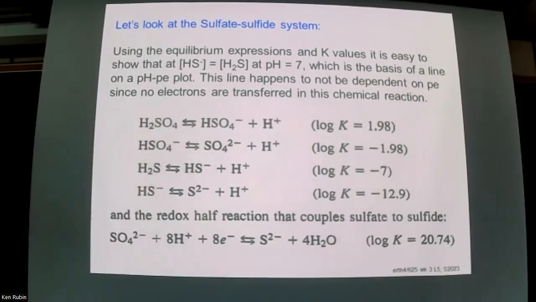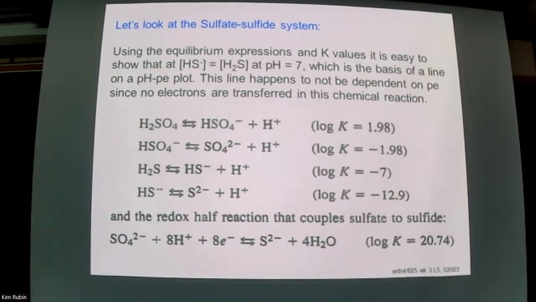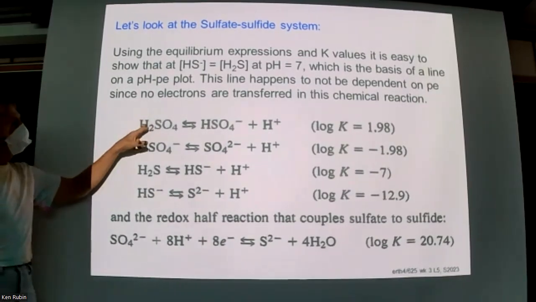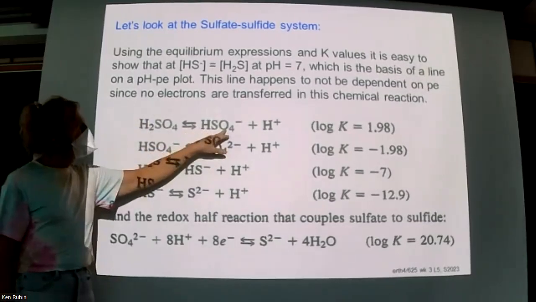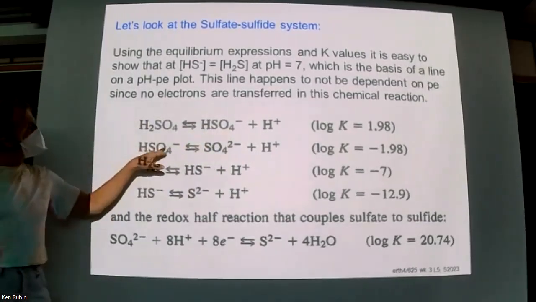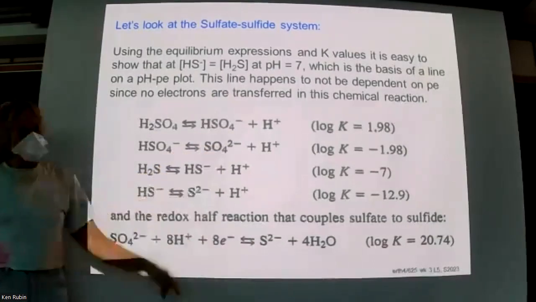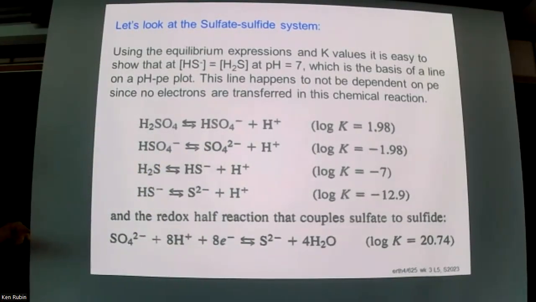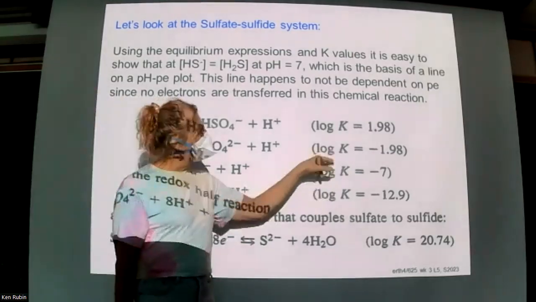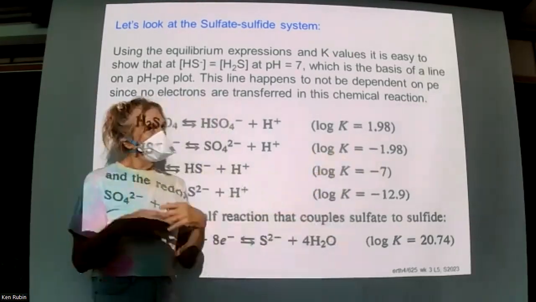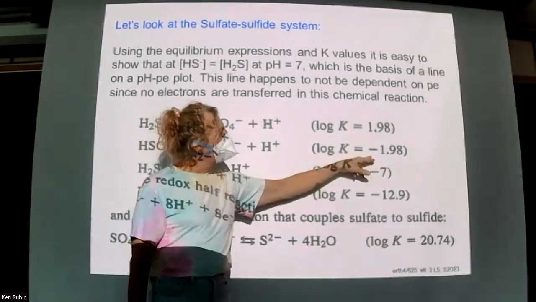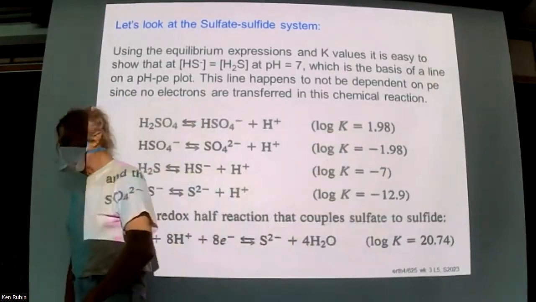These first two are the dissociation of a diprotic acid, sulfuric acid, to make HSO4 minus, and then HSO4 minus dissociating to make SO4 2 minus. And the equilibrium constants for those two things are there. Then you'll see the one distinction here, that log K, which is just the log of the equilibrium constant, is minus 1.98, and this log K is plus 1.98.